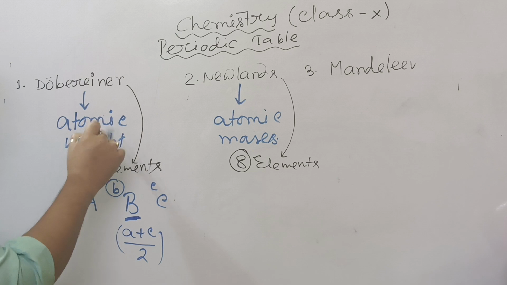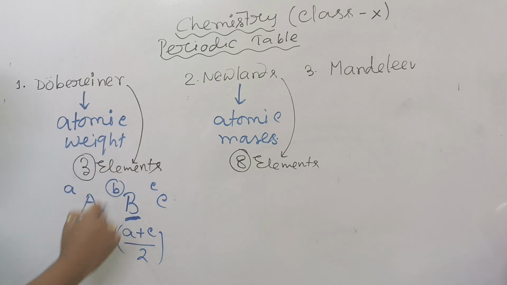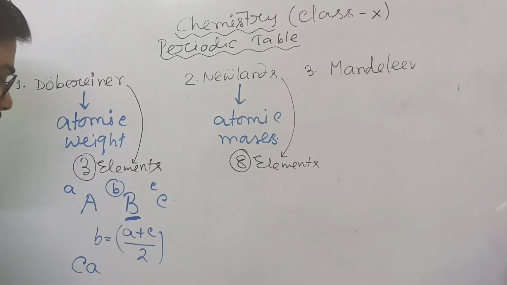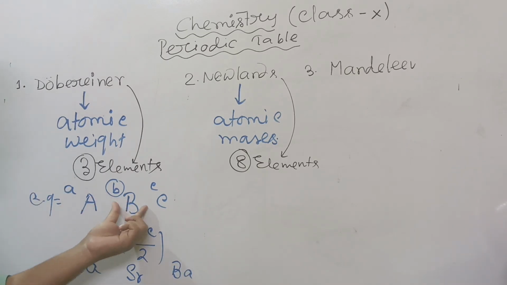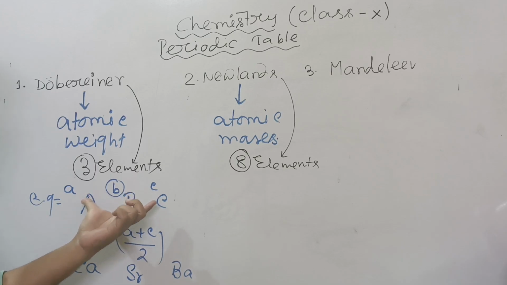So the atomic weight of the middle element B is the average of the other 2 elements. If you want an example, suppose calcium, strontium and barium. So from this example ABC, it is clear that the atomic weight of B is equal to the algebraic sum divided by 2, that is the average of the rest of the 2 elements.